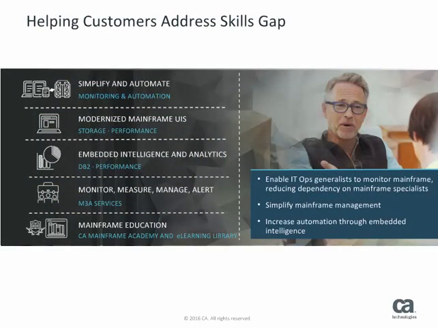We offer numerous ways to help customers address the growing skills gap. CA Unified Infrastructure Management for Z Systems helps customers increase IT ops efficiency while addressing their evolving workforce needs. CA UIM provides extended probes that enable a customer's Level 1 IT ops support staff to monitor the mainframe environment alongside their distributed environment, using the same tools and dashboards.